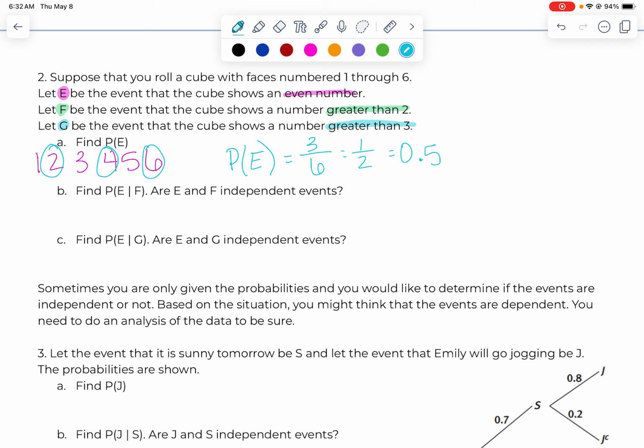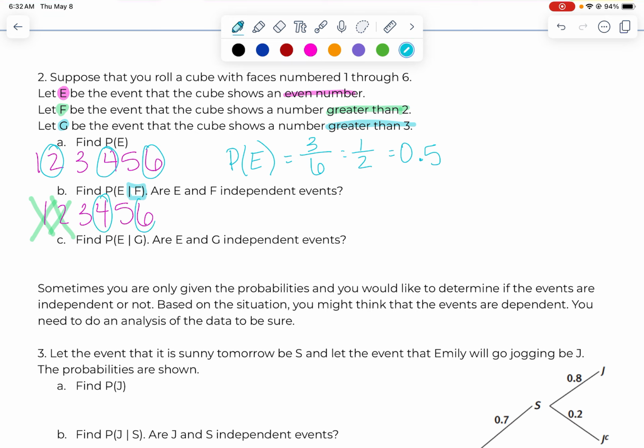Find the probability of E given F. Okay, so we're going to list out our numbers again, 1 through 6. Now, we are given F, so we have to deal with F first. F says it's greater than 2, which means we cannot use 1 and we cannot use 2. So, how many of these options are even?